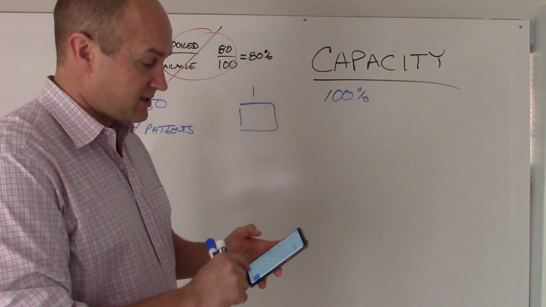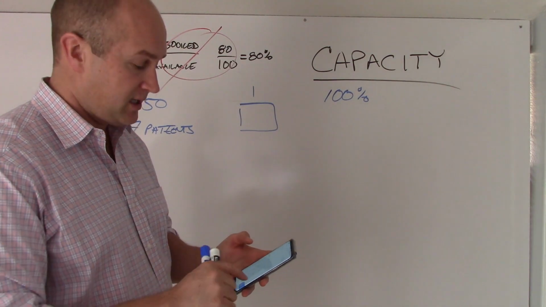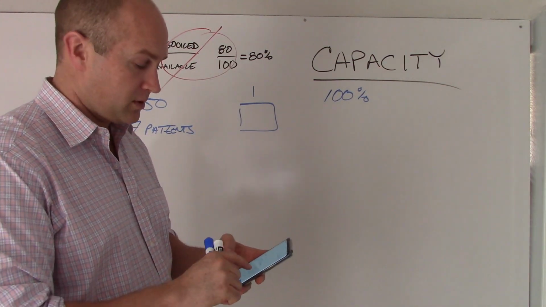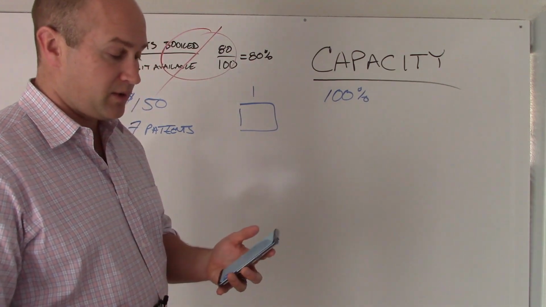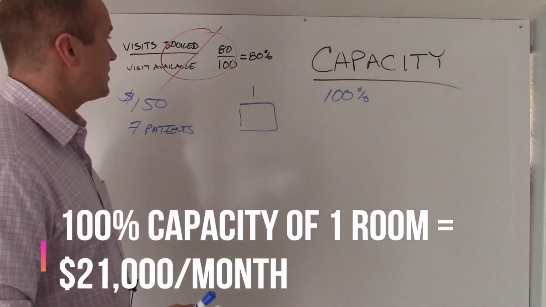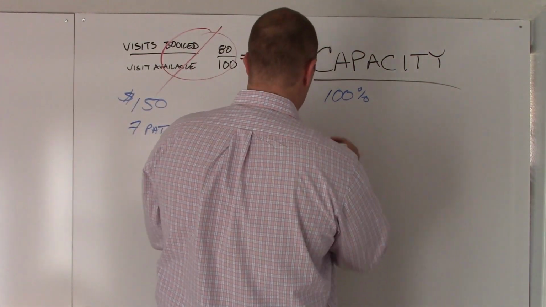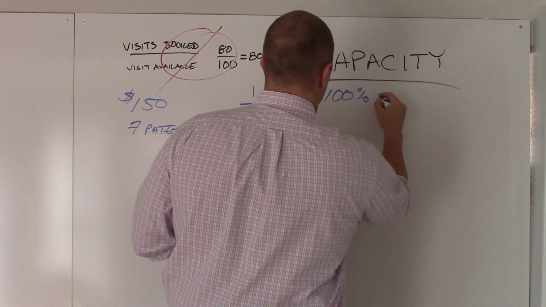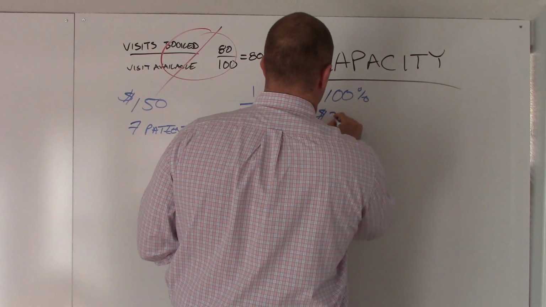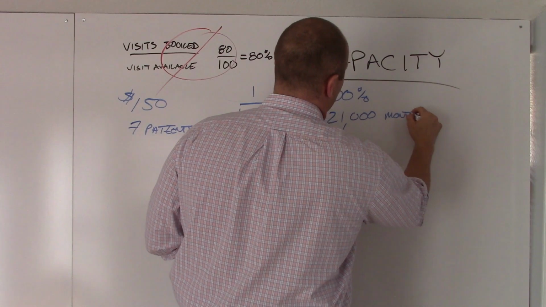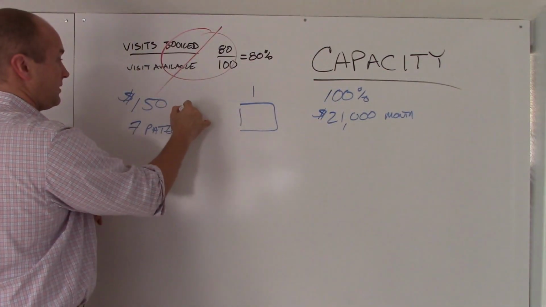So 150 times 7, that's $1,050 a day, times 5, because there's 5 days in a week, times 4 equals $21,000. So at 100% capacity, I'm looking at $21,000 in 1 month at this current setup.